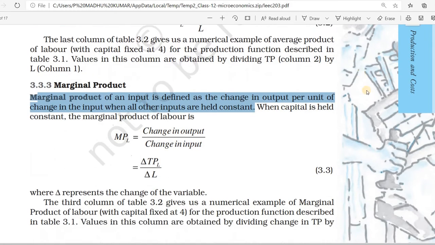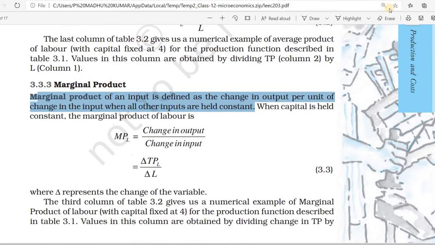We can write the equation as change in output divided by change in input. Suppose earlier production was 10, that time the producer increased 2 more labors. Then how much is the production, means change in the total product of labor divided by change in the labor.